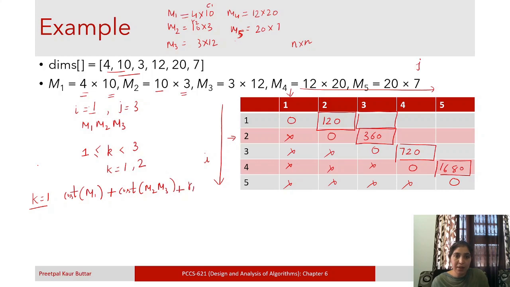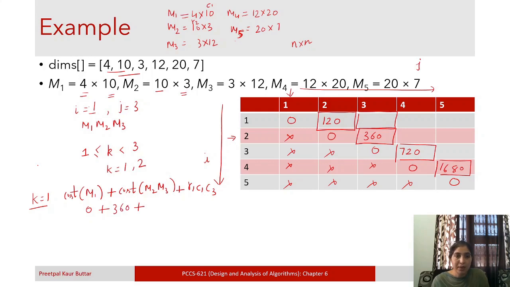r1, c1 and c3, right? Okay, so what is the cost of m1? It is 0. Cost of m2 and m3, it is 360, because we have already solved this problem. It is 360 plus r1, c1, c3.